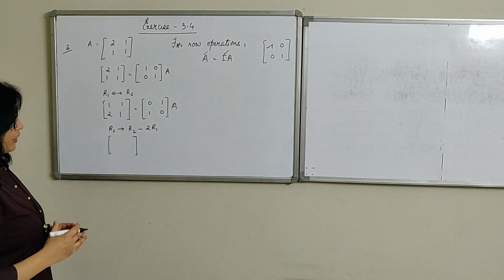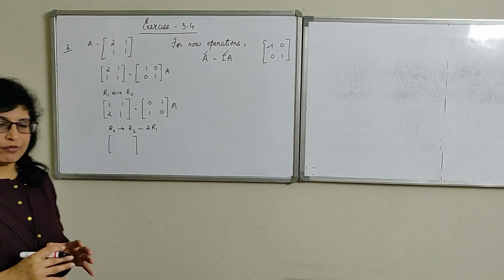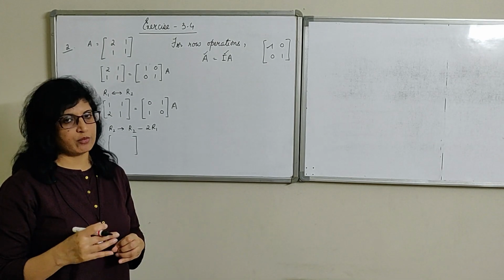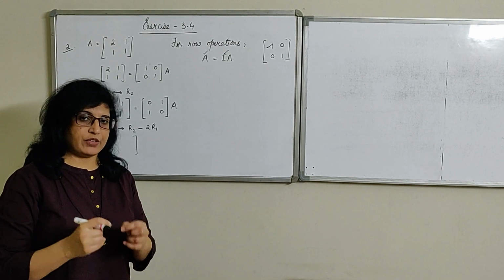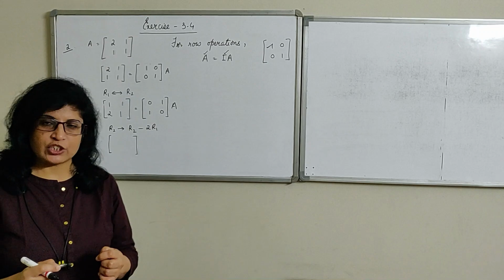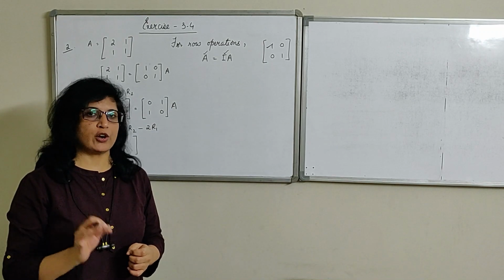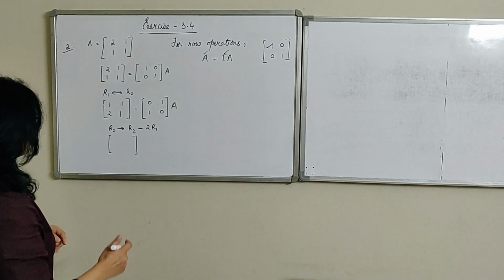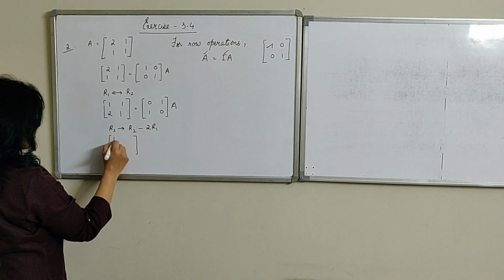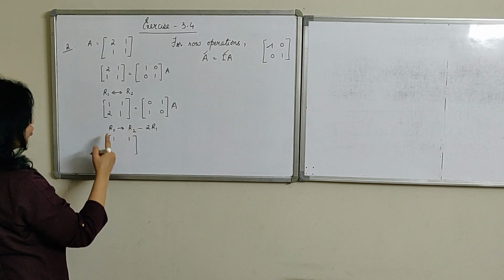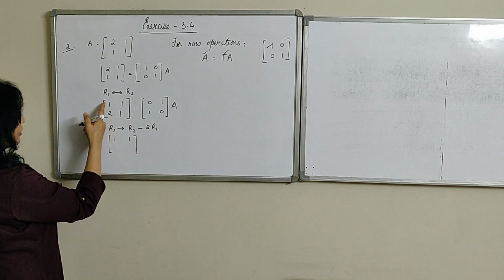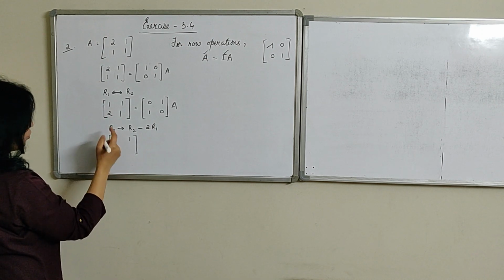Now while we are performing this operation, we have to be very careful with our calculations and with the positive and negative signs. If there is one such error in our calculation, the inverse of the matrix will not be correctly found. So because row 1 remains the same, changes in row 2: this minus twice of this makes it 0.